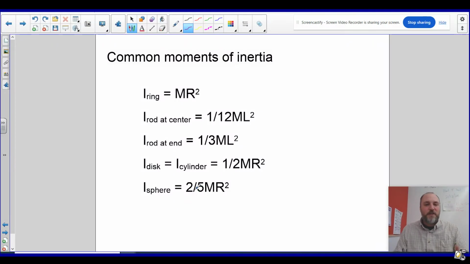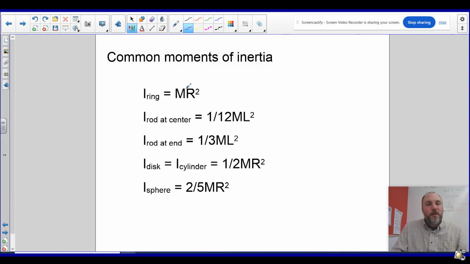So if it's a sphere, it's 2/5 mr squared if it's rotating around its center. A rod, if it were rotating around its end, so that would kind of be like my pencil when I did it like this. And then a rod when it's rotated through its center of mass, like that, is 1/12 ml squared. They're usually going to give you that equation. But it would help in the rare event that they don't give you that equation just to have these few memorized.